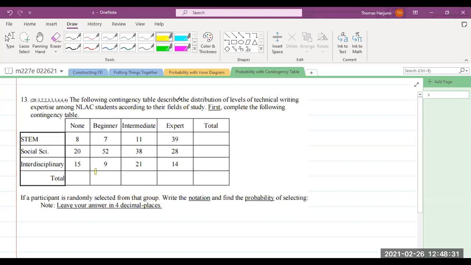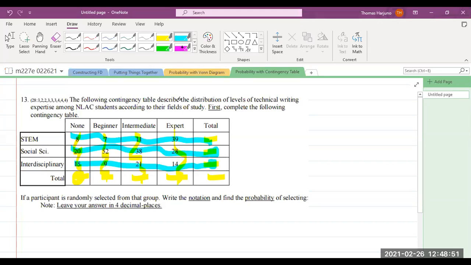I need you to copy this table down and then get the total. These numbers here are the sum, the sum, the sum, and this is the sum. Now, the number that you get here will be the sum along this line.